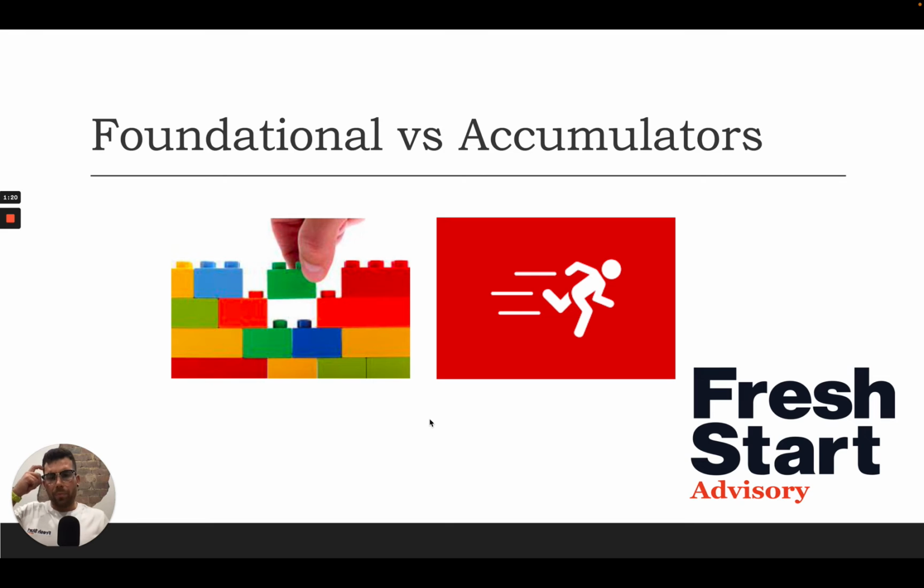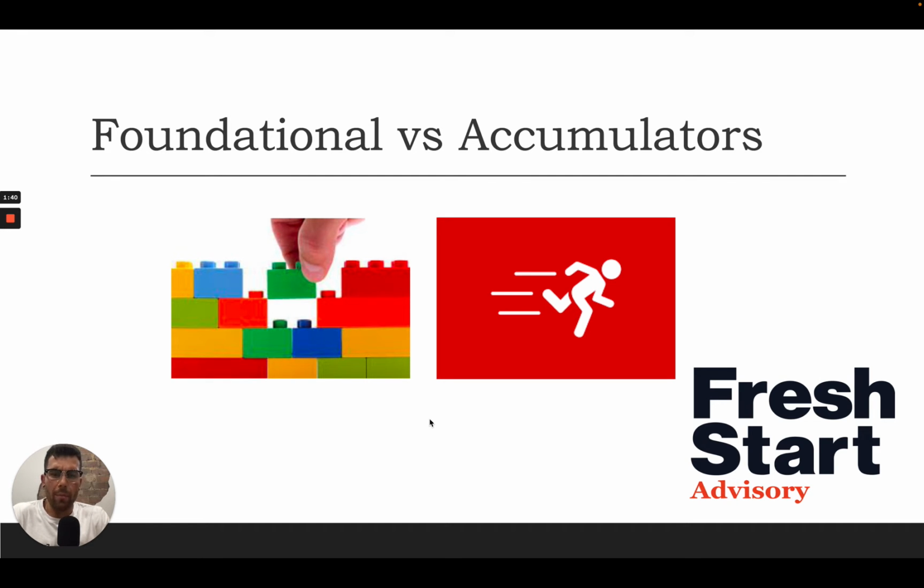So I'm going to talk about foundational versus accumulators. These are types of properties that we need to build the property portfolio. Now, they both have different roles when you're building your portfolio because one is building the foundations. I call it the building blocks as well.